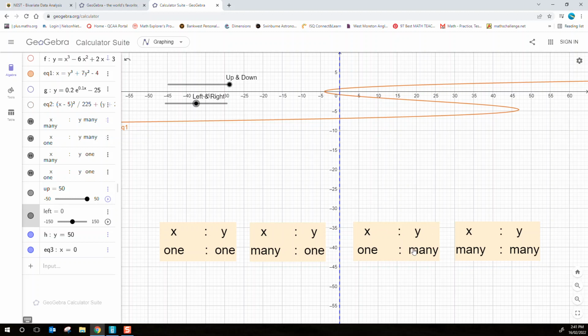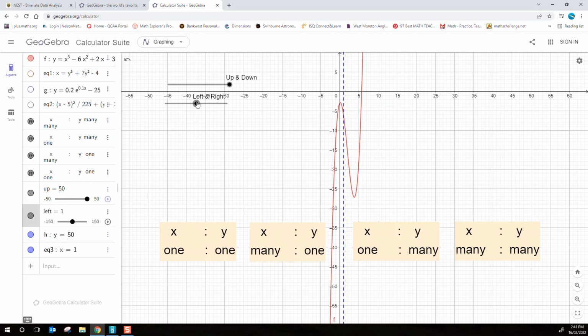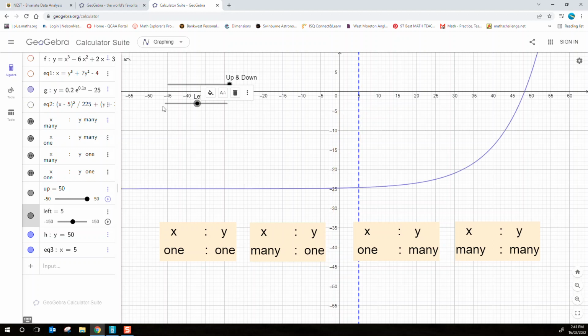On the other hand, if I had this one, the vertical line only ever cut once. That is a function. Or if I had that one, the vertical line only ever cuts once. So that one is a function.